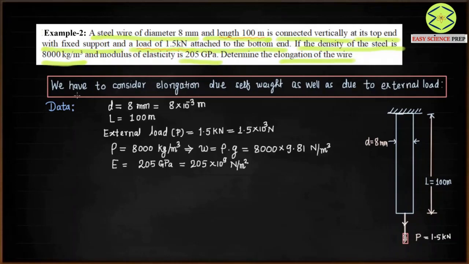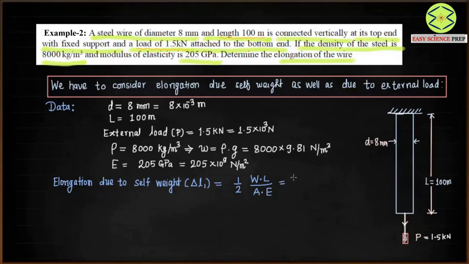Now, as we know, the total elongation is due to self weight as well as external load. I'll first write down the elongation due to self weight, which I'm going to call delta L1. That is nothing but 1 upon 2 times the overall weight into overall length, divided by area of cross section times E. This we have already derived earlier.